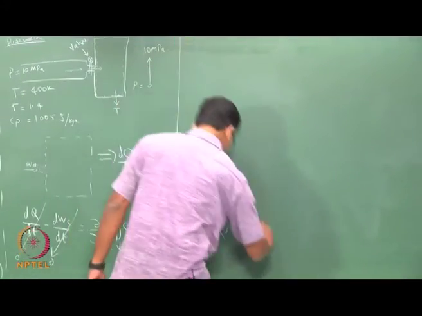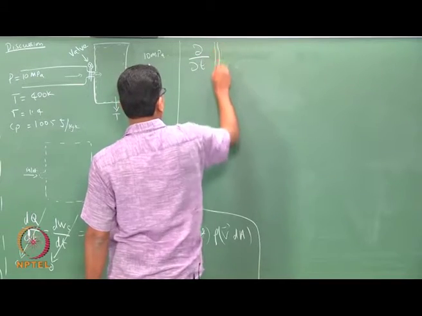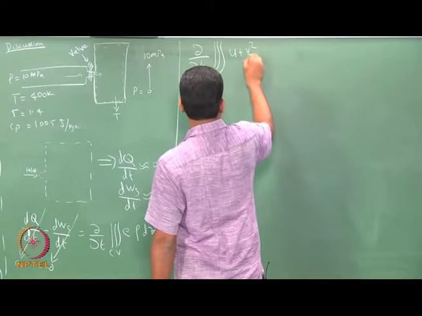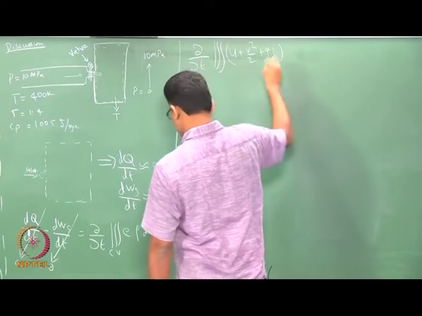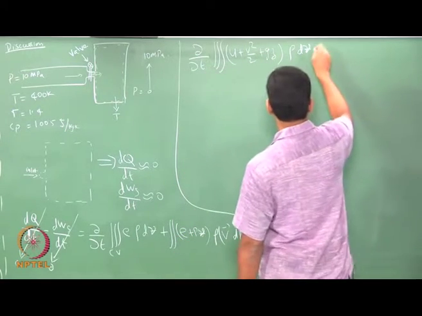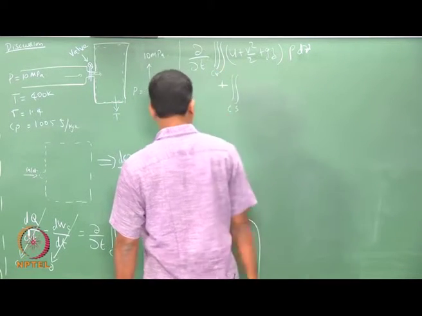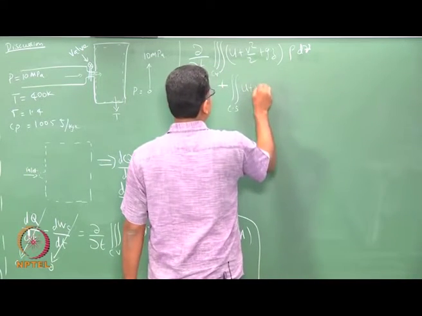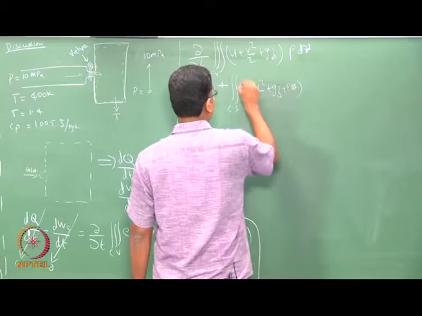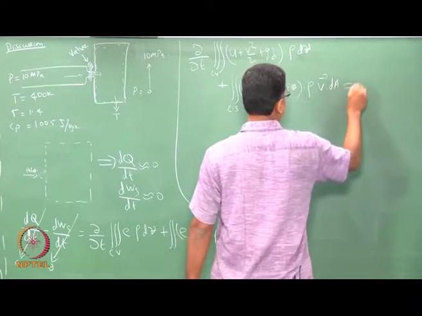What is left is the integral of E rho dV, where E is U plus V square by 2 plus gz, plus the control surface integral of (U plus V square by 2 plus gz plus PV) rho V dot dA, equals 0.